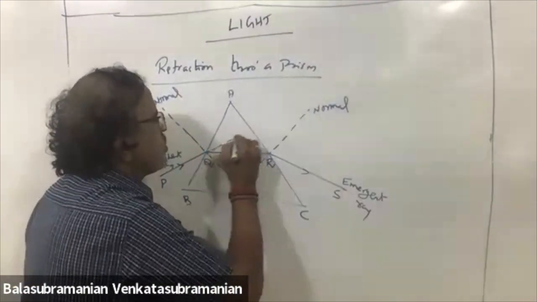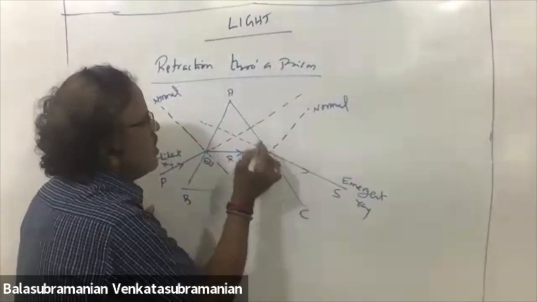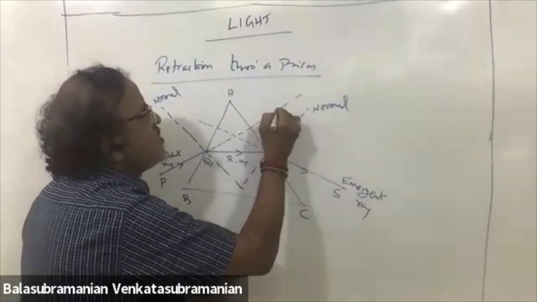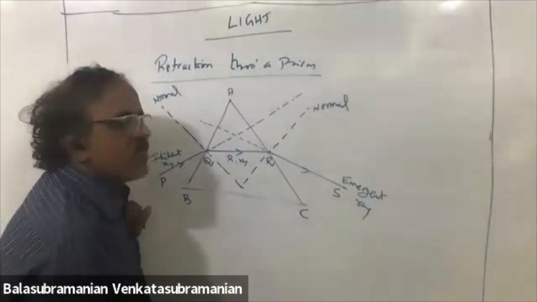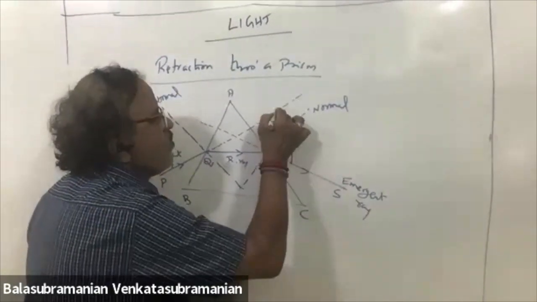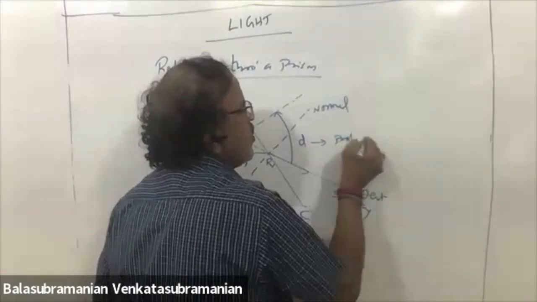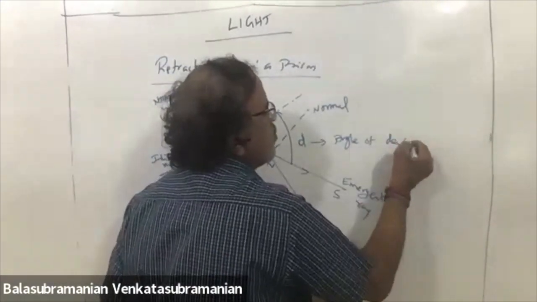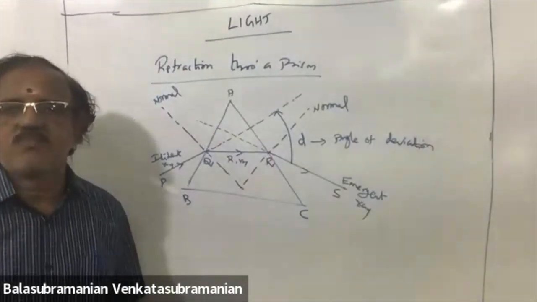Extend this. Extend this. This should be the actual incident ray direction. But light is coming here. So between these two, we call it the angle of deviation.